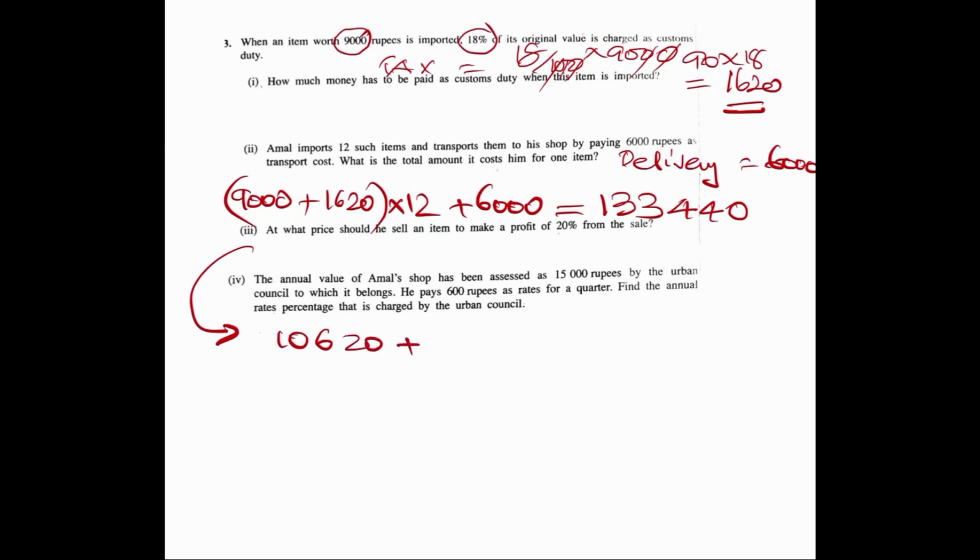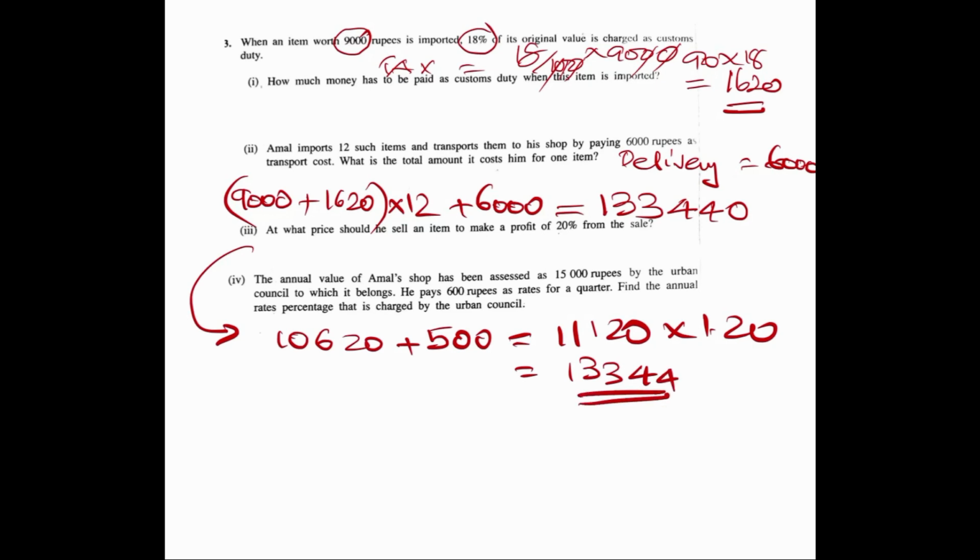Plus we have to pay 500 rupees each, because the 6,000 total divided by 12 is 500. That is 11,120, and he has to make a 20% profit, so multiply by 1.20. The answer is 13,344. That is the answer for that part.